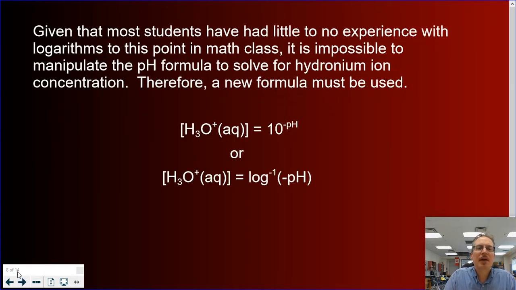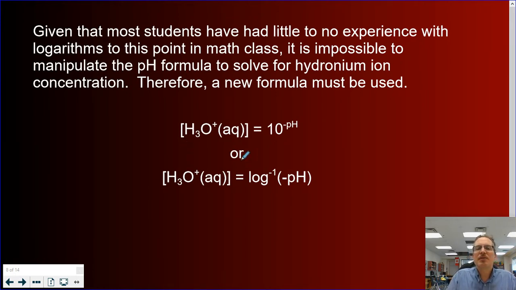Okay. Well, this formula actually comes with a problem. Given that most of you have little to no experience with logarithms in math to this point, it is impossible for us to take that formula for pH and move it around to solve for hydronium concentrations if they give us pH in the question. Therefore, we have to memorize a new formula because we just don't have experience manipulating a formula that contains a logarithm inside.